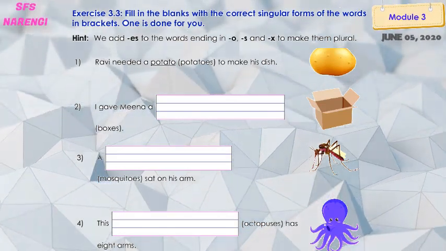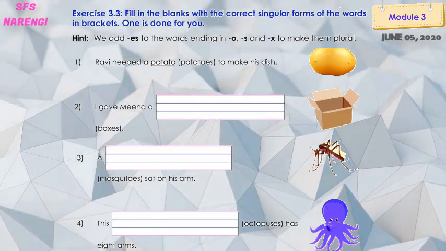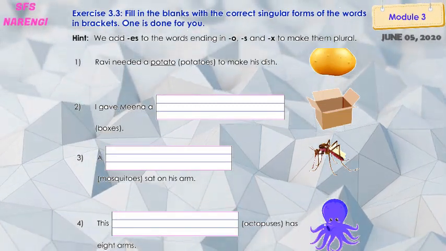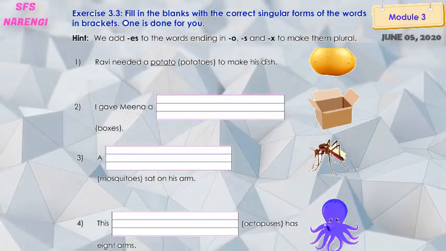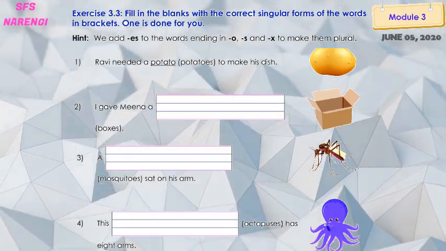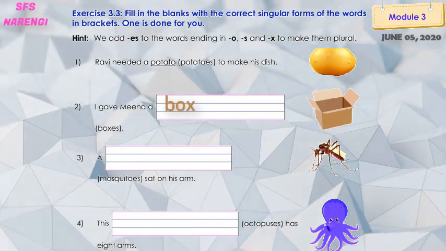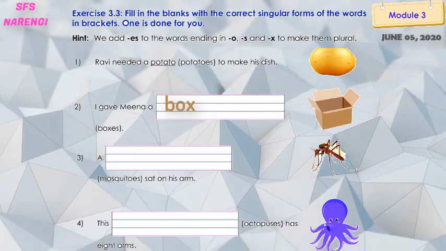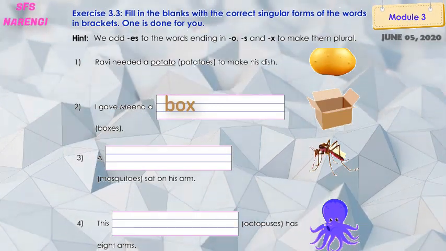Come to number 2 now. I gave Meena a dash. In brackets we have boxes. What is the singular form of boxes? It is box, B-O-X. Box. Right? What is number 3 here? Number 3 is a dash.